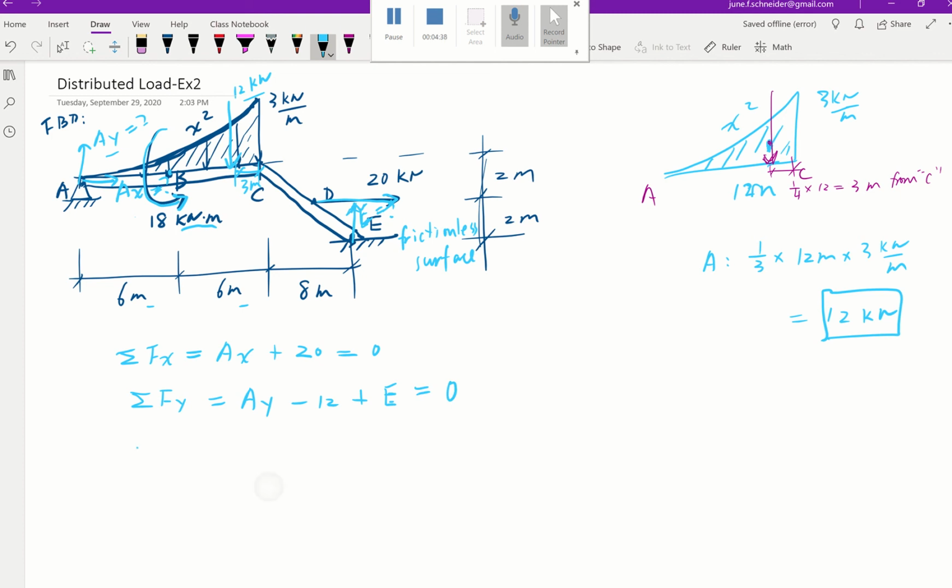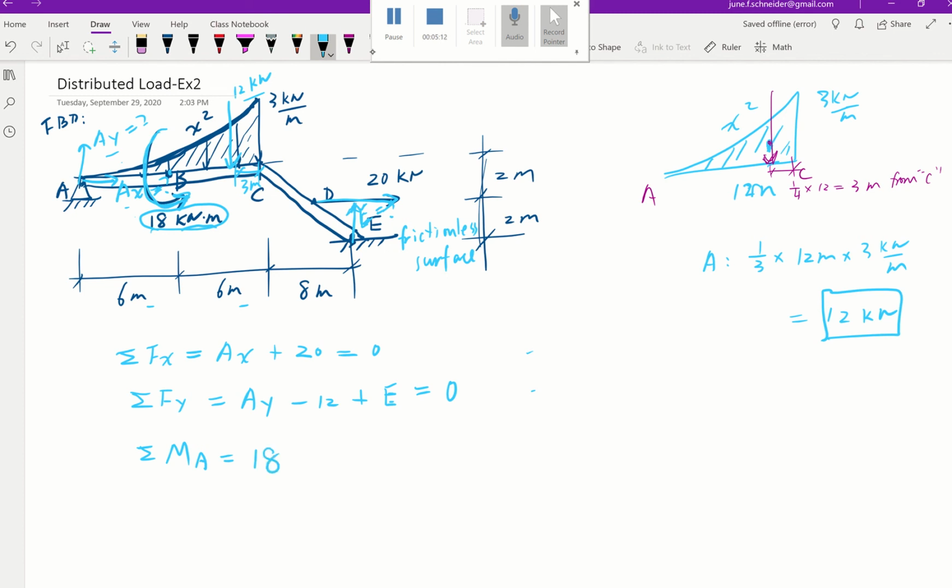Now we're going to look at the moment. The point we're going to choose, where you have several things going on, is point A, since we have AX and AY. Then in this moment equation, we're going to include our 18 kilonewton meter because that's an external moment. And be aware, do not put this 18 kilonewton meter moment into the force equations at X or Y, because that's a totally different unit. So here, 18 kilonewton meter, look at it, it's going counterclockwise, so that's going to be positive.